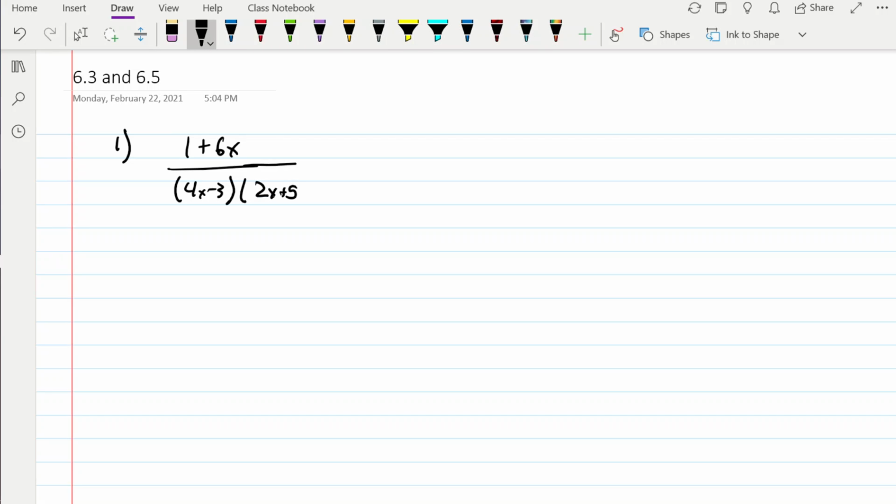So we got 1 plus 6x over 4x minus 3 times 2x plus 5. So what we're going to want to do is use, I believe, ax plus b over 4x minus 3 plus cx plus d over 2x plus 5.